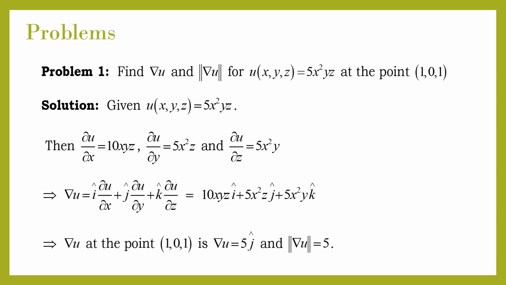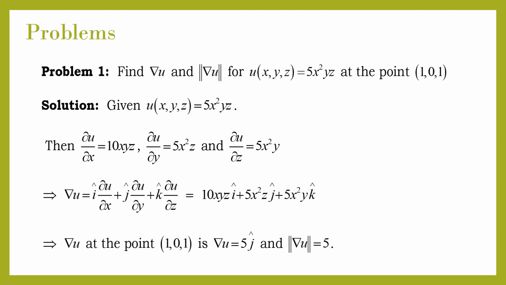Let u of x comma y comma z equals 5x square yz. In this problem, they asked us to find out the gradient of the scalar field u and its magnitude, norm of del u, at the prescribed point.